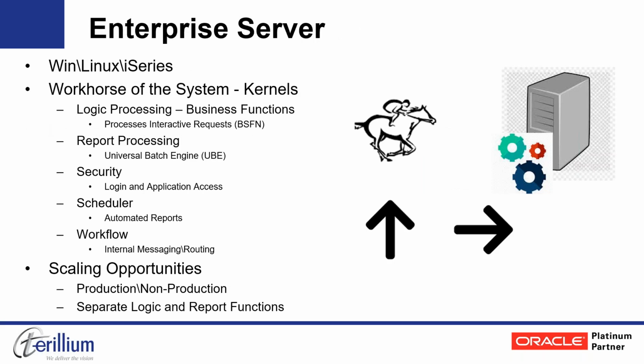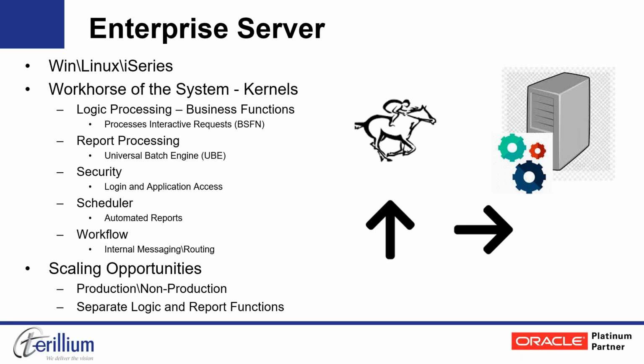Okay, so that's the presentation layers, 3 ways to get information into the system. And the next tier is the logic tier. That mainly is what we call the enterprise server. Again, Linux, Windows, iSeries, any of these can do it. When you start up services on one of these servers, it starts up a list of different kernels.